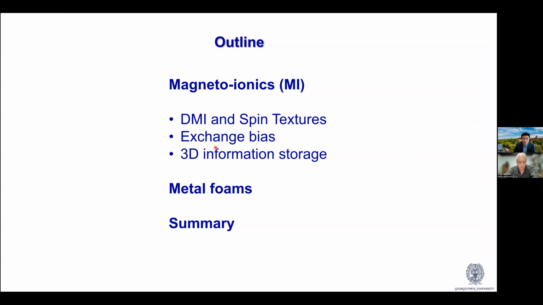And later on, I will discuss some other functionalities that we could control with this handle, namely exchange bias, with some potential applications in 3D information storage. If there's time at the end, I will talk about something that's quite different from my conventional areas of research. I will discuss the use of metal foams for filtration.